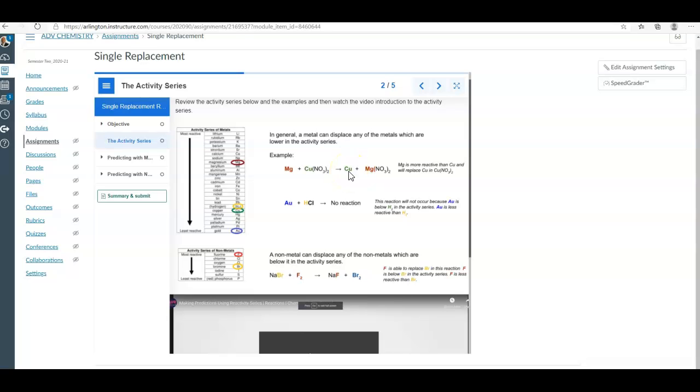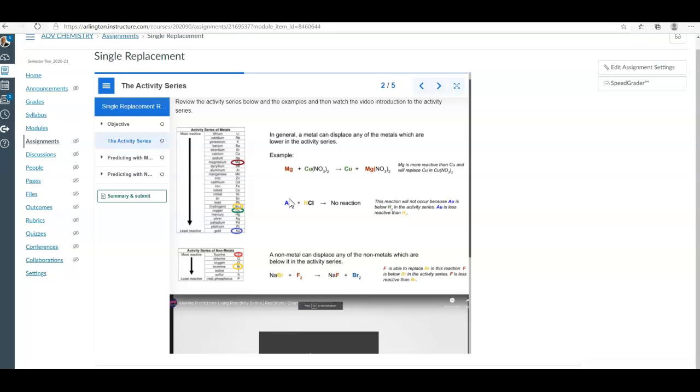If you look at the second example, gold is reacting with hydrochloric acid. Gold cannot replace hydrogen because gold is below hydrogen in the activity series. Let's say you have a very beautiful gold necklace, and your little sister or brother is threatening you: I'm going to mess up your jewelry with this acid.